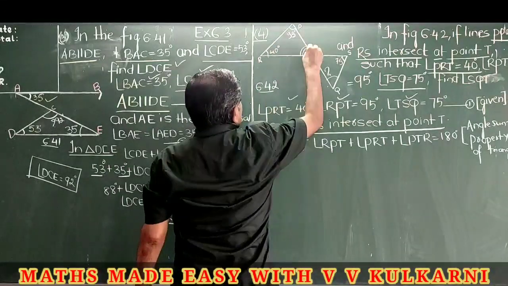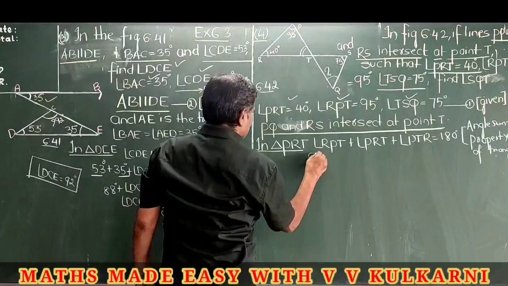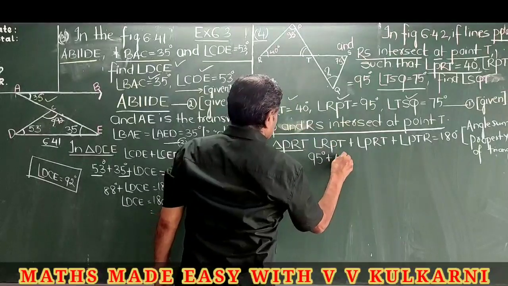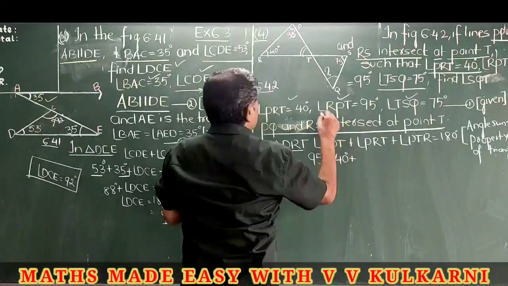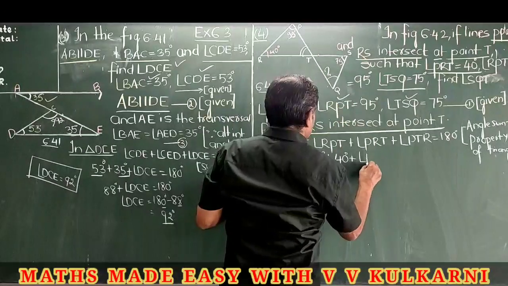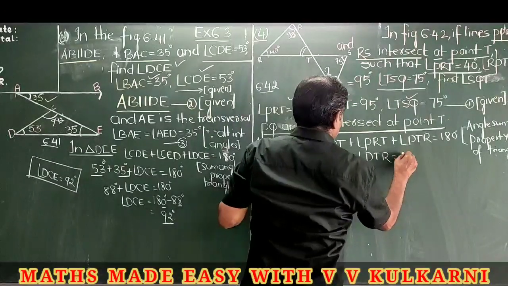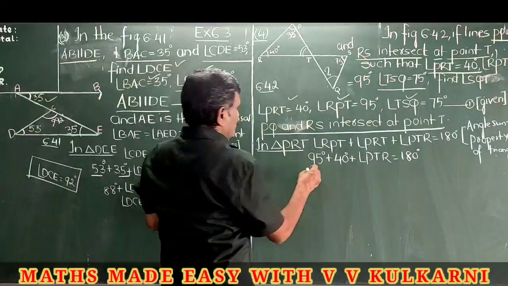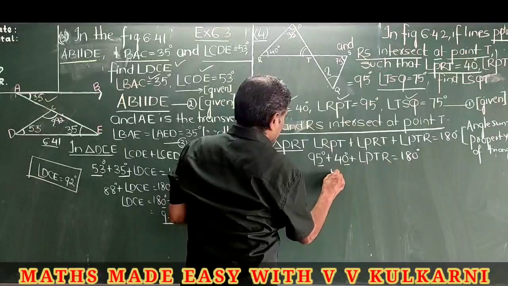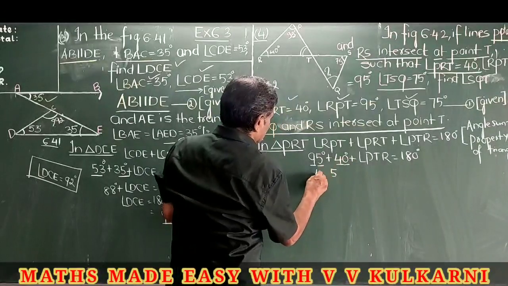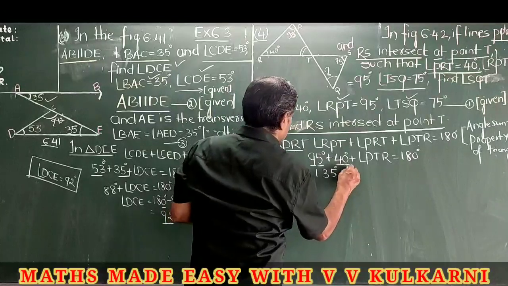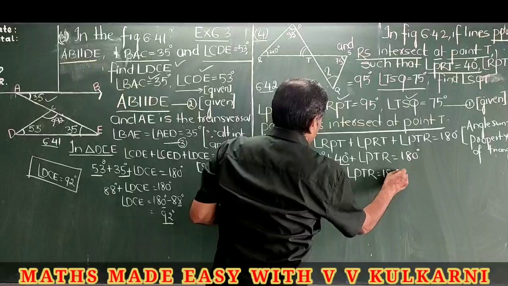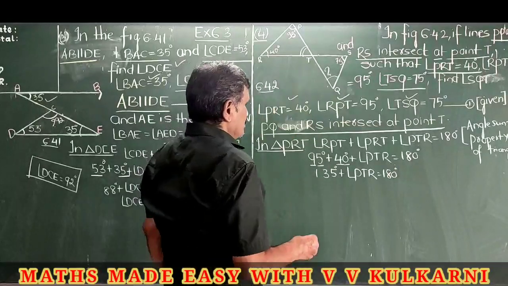So using that property, I will find out this angle. RPT is 95, PRT is 40, PTR I need to find out, is equal to 180 degrees. Now if I simplify it further, 95 plus 40 is 135 degrees, plus angle PTR is equal to 180 degrees.